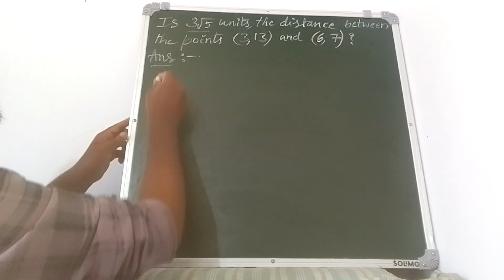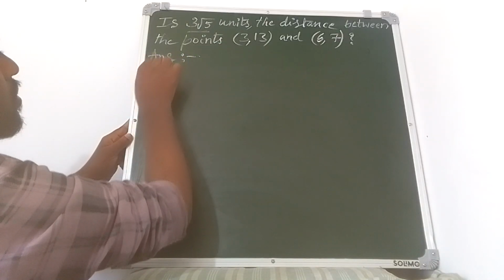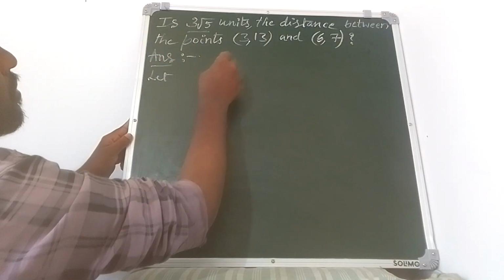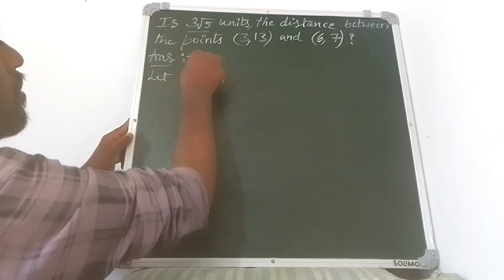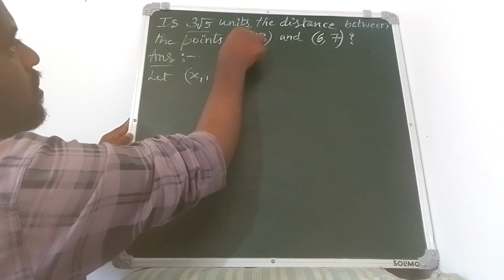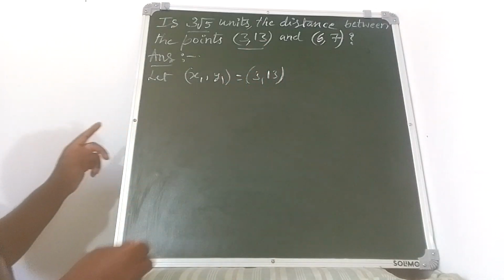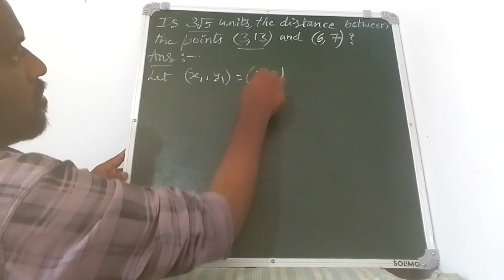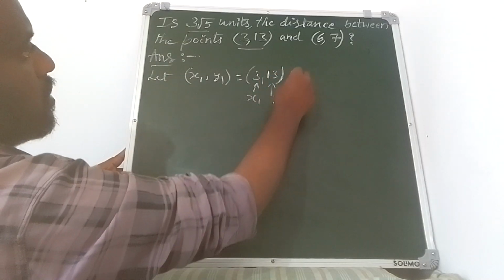Okay, first let this point we will take as x1 comma y1 is equal to this 3 comma 13. So this is x1, this is y1.